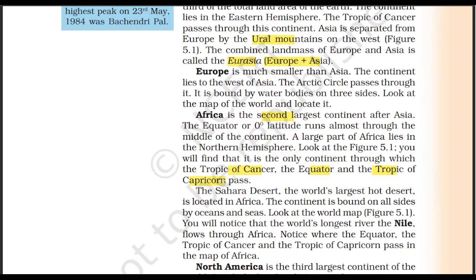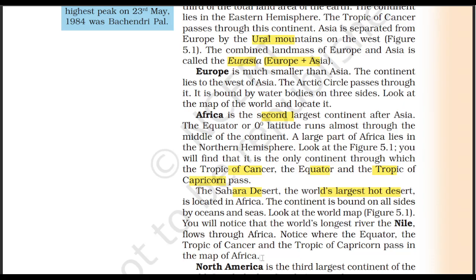The Sahara Desert, the world's largest hot desert, is located in Africa. The continent is bound on all sides by ocean and sea. You will notice that the world's longest river, the Nile, flows through Africa. Notice where the Equator, the Tropic of Cancer, and the Tropic of Capricorn pass on the map.